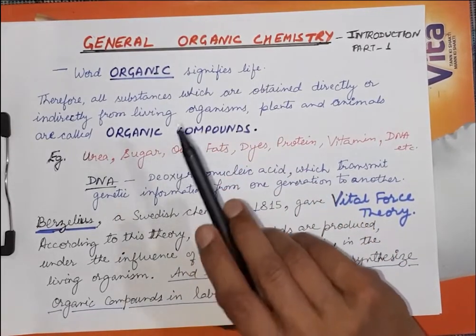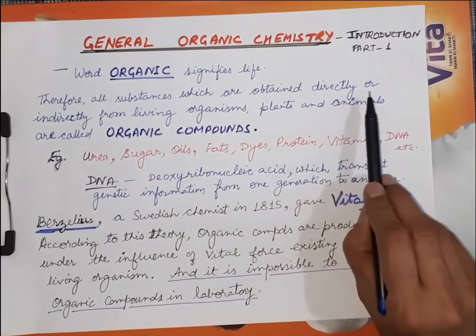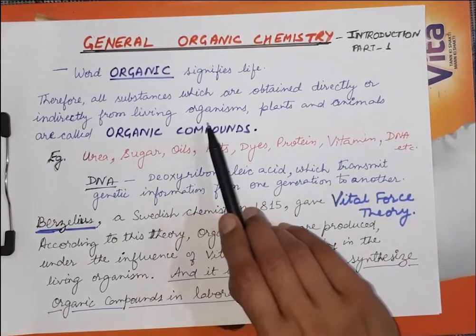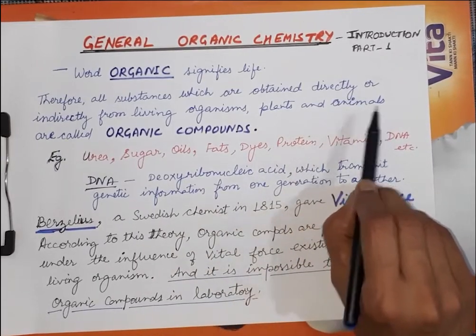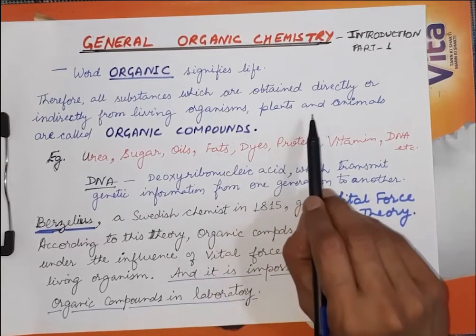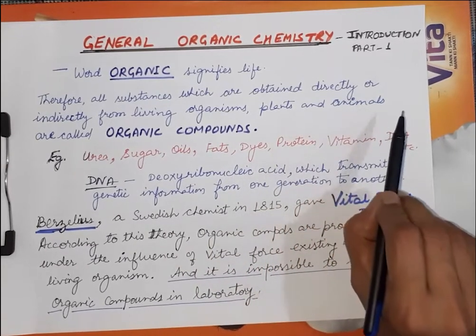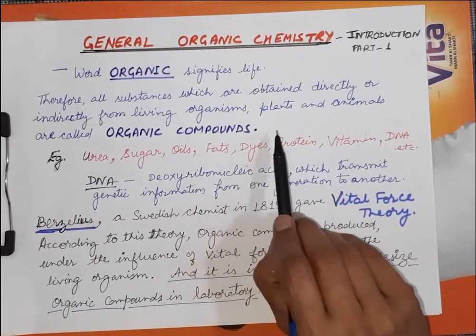In this name, general organic chemistry, the word organic signifies life. We can say all such substances which are obtained directly or indirectly from living organisms, plants and animals, are called organic compounds. So all plant-based and all animal-based compounds are called organic compounds.